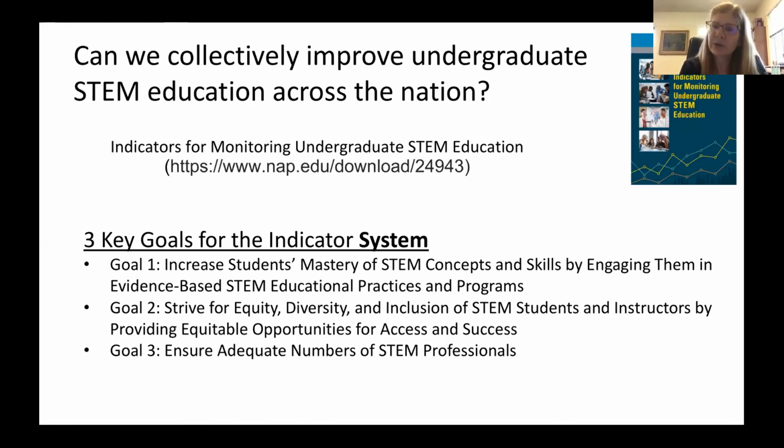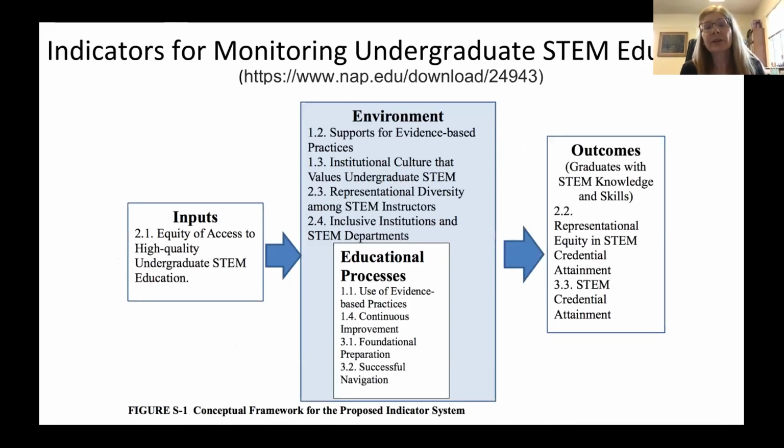And there were 3 goals in that, and collectively everything together was looking at the progress of our nation, not of any one institution alone, but the nation as a whole. So cognitive gains for students, equity, diversity, and inclusion, and then actually having enough STEM professionals to meet our workforce needs. And those are disciplines specific within STEM fields, of course.